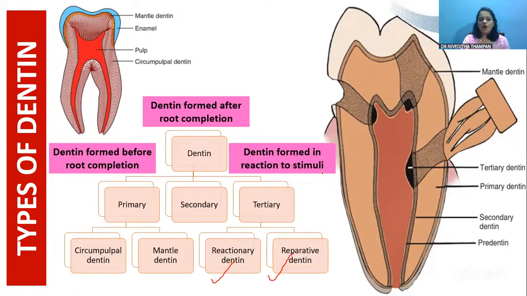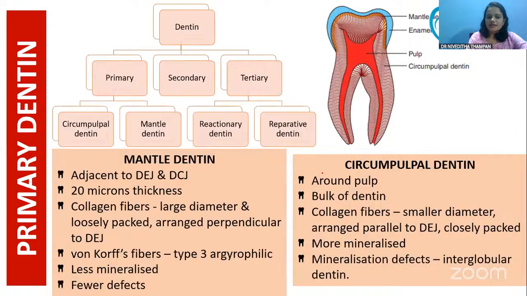So what is this mantle dentin, or what is the circumpulpal dentin? We will have a look at it. Mantle dentin means this yellow colored structure you see in this image. Yes, that is the mantle dentin. It is a primary dentin that is deposited along the dentino-enamel junction.